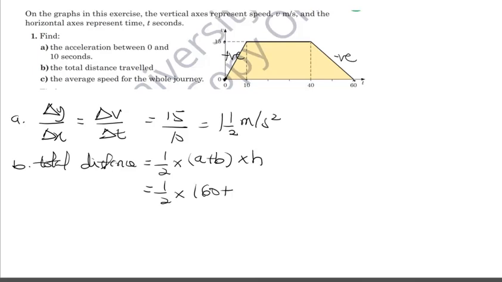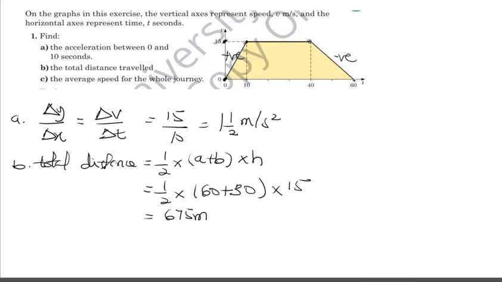And then up here we have the distance from here all the way to this point, which will be 40 minus 10. That gives us 30. Times the height. The height is the distance from this point all the way to this point, which is 15. Everything put together gives us 675 meters.